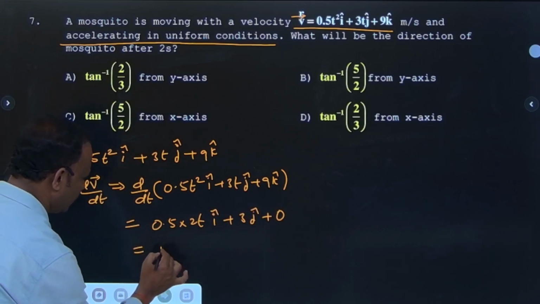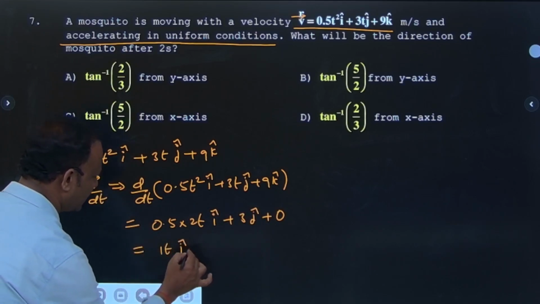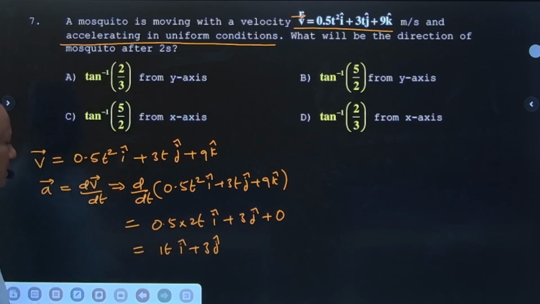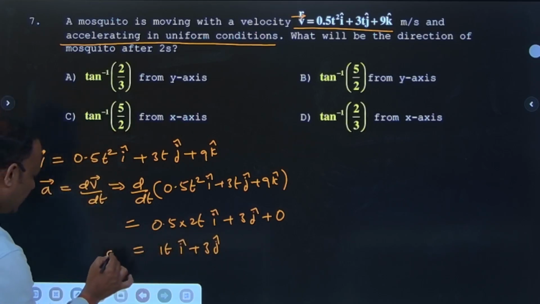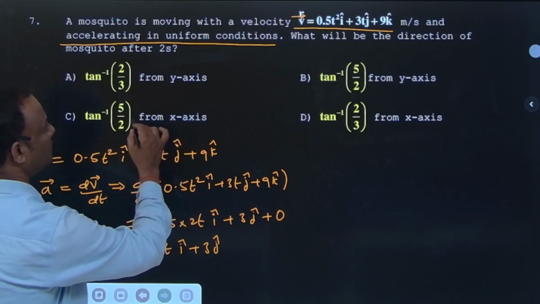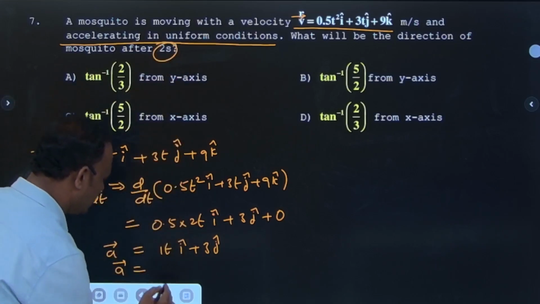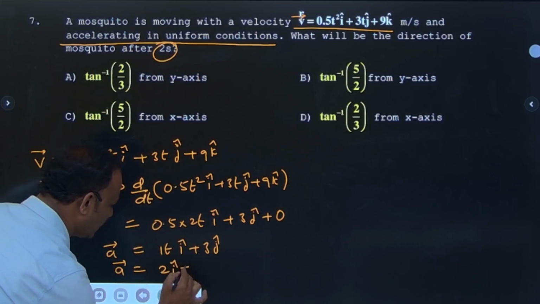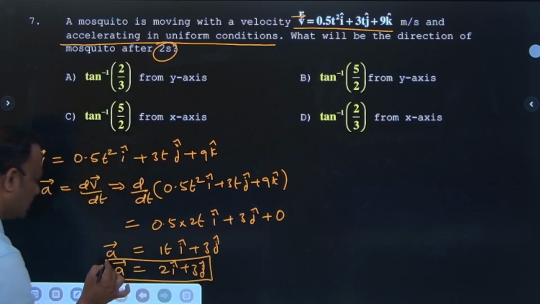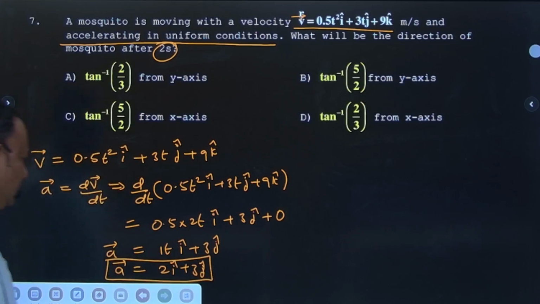So it's 1t i cap plus 3 j cap. Okay, 0.5 into 2 is 1. Yes, this is the acceleration. So at t equal to 2 seconds, the value of t is 2 seconds, means 2 i cap plus 3 j cap. Acceleration A is equal to 2 i cap plus 3 j cap.